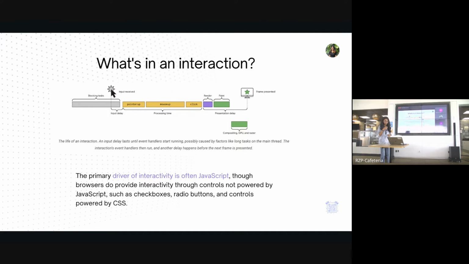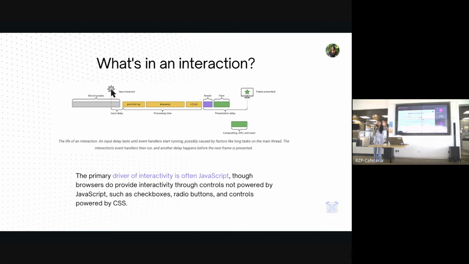Now, interaction, as I told you, is a very important term when we are considering INP. So what is an interaction? If you see this image, can you see these three important terms: input delay, processing time, and presentation delay?